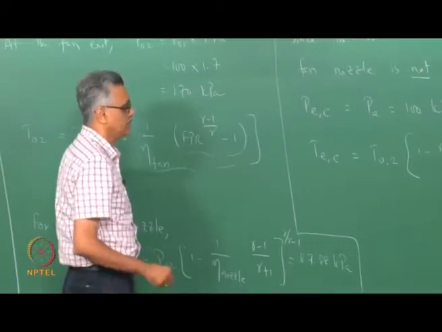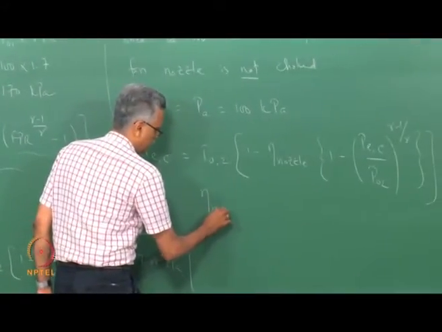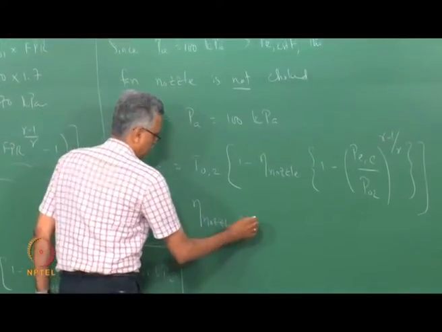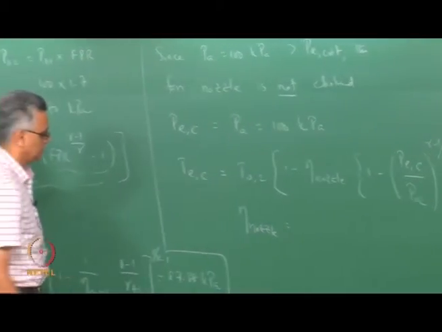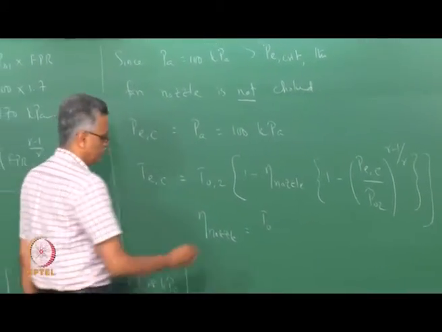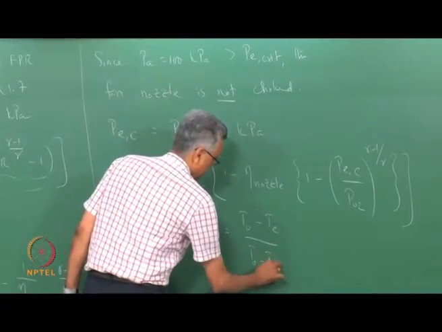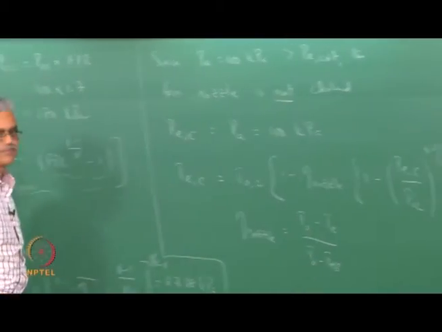Okay. Remember the expression for nozzle efficiency itself, right, we wrote this down as T0 minus TE divided by T0 minus TES, correct.